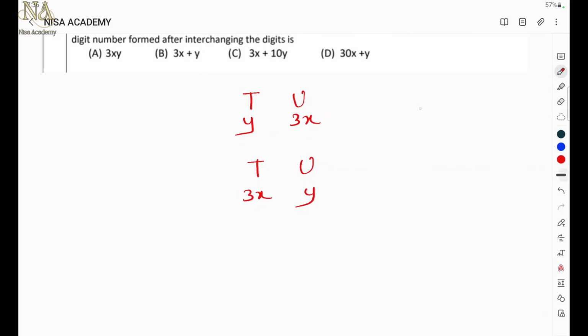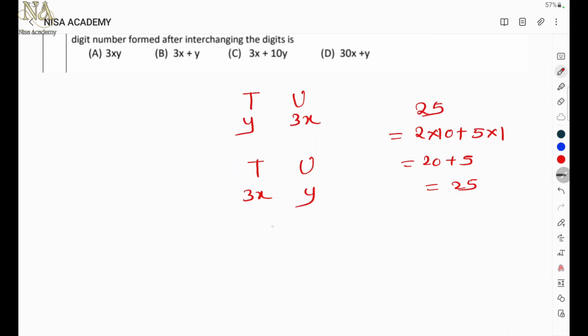See, suppose 25 is a number. This is a two-digit number. So how do you remember the expansion? Yes, you used to expand. How? 2 into 10 plus 5 into 1. Remember? That was 20 plus 5. So it was 25. This is how you expand. That is how our numbers are formed, right?